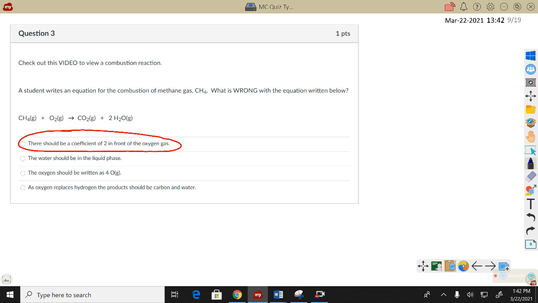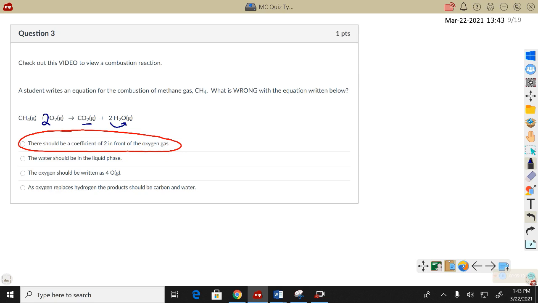If I check to see if it's balanced, 1 carbon, 4 hydrogen. Nope, the oxygen's not balanced. Here there's 2. Here there's another 2. So if I want 4 oxygen, I really need to put that coefficient in front of the O2.